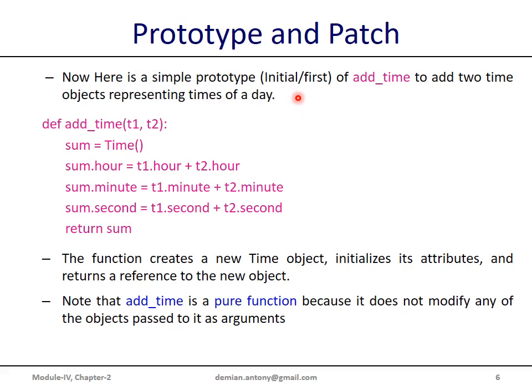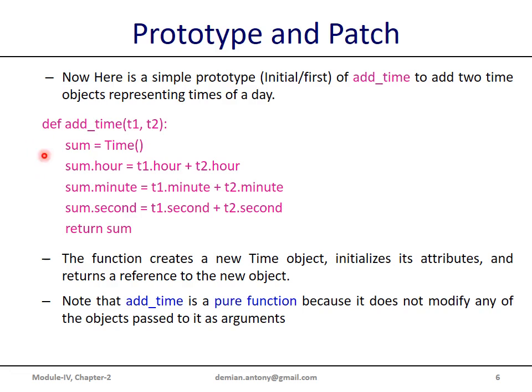Now we define a simple prototype function to add two time objects. The time object represents time of day. Let us say we have two objects representing two different times in a day. How do we add? So we have a very simple, basic prototype, which adds two time objects.